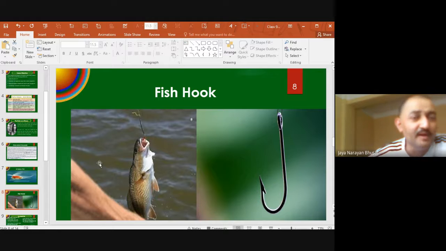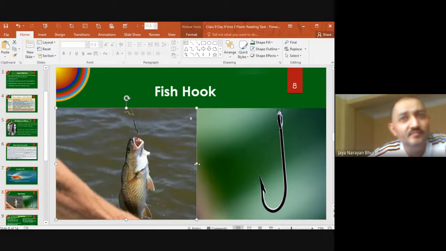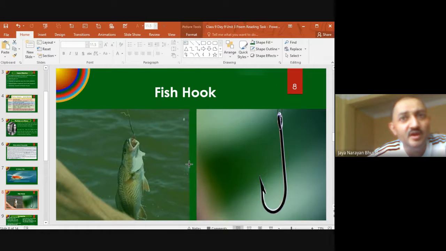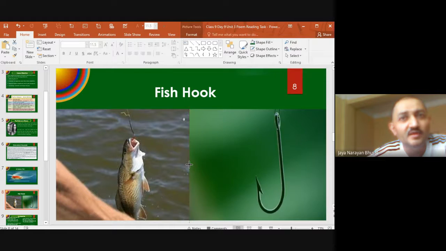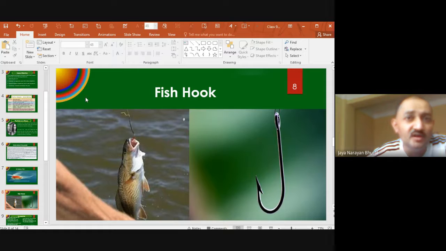What do you say Hook in Nepali, your language? There is a character in one of the Nepali serials. He often goes fishing, and his name is also Hook. Hook dai, they say, but you have to say Hook in Nepali.